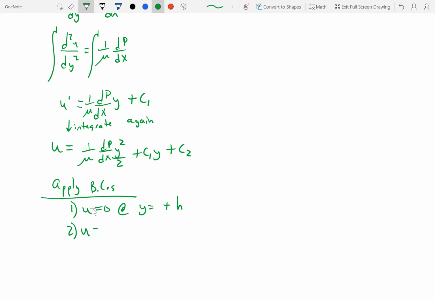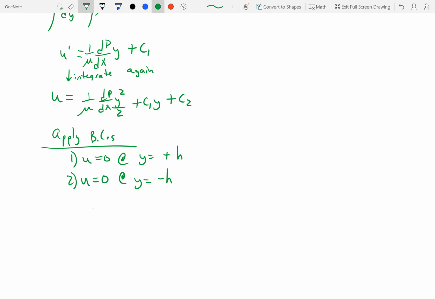And the second one is u equals 0 at y equals negative h. And when you apply your boundary conditions, you end up getting this equation: u equals negative h squared over 2 mu dp dx times 1 minus y squared over h squared.